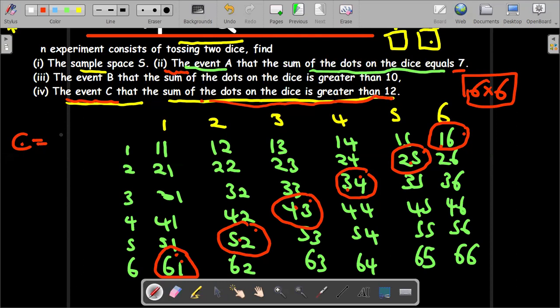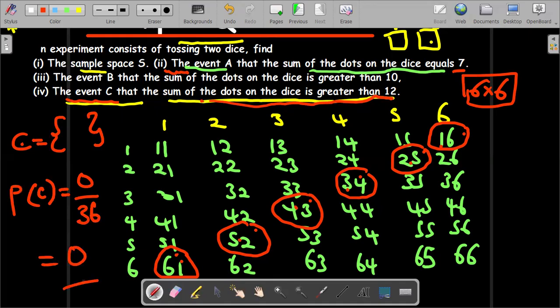Do we have a sum there that will be greater than 12? No. So this event here is empty, it doesn't have anything inside. It means the probability of this event C happening will just be 0 over 36, which gives you a probability of 0. Any questions there?